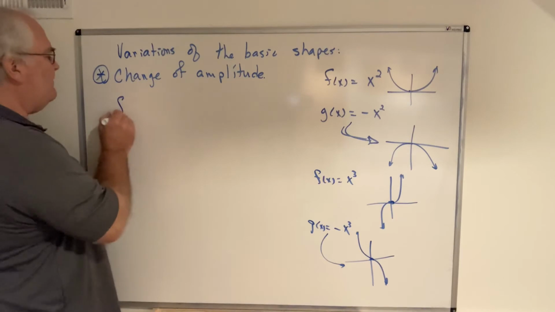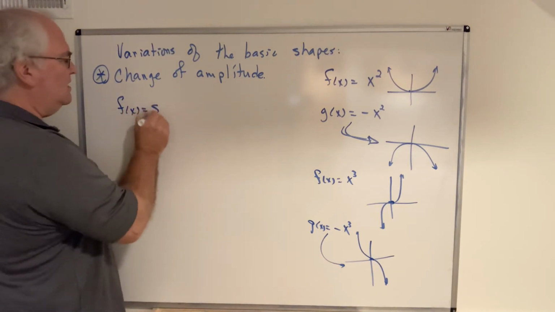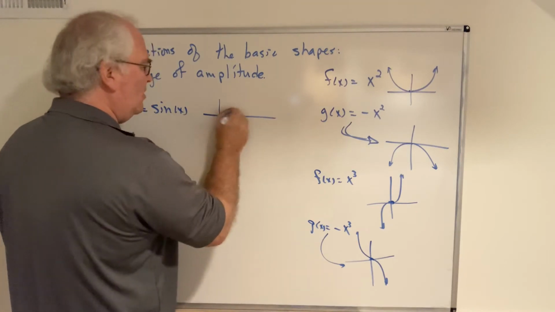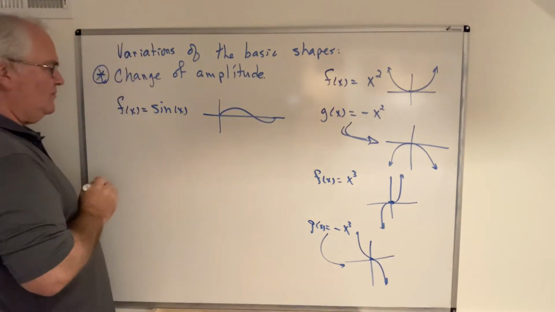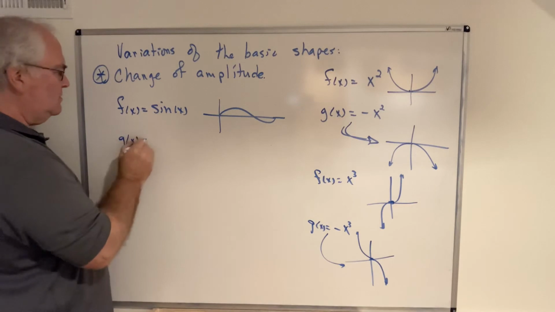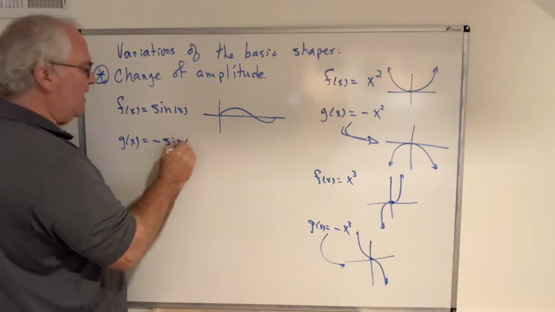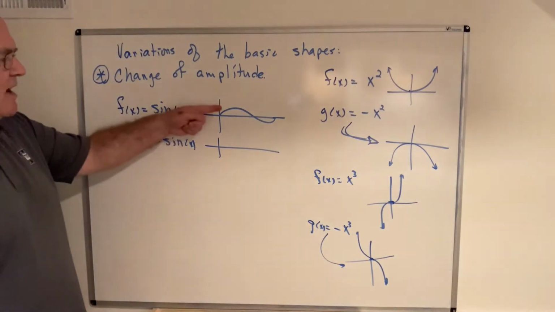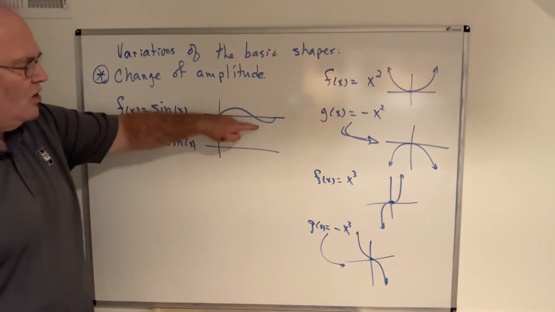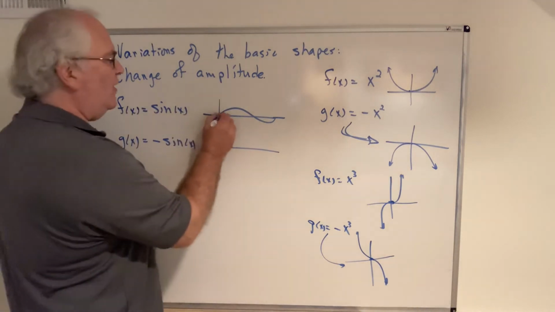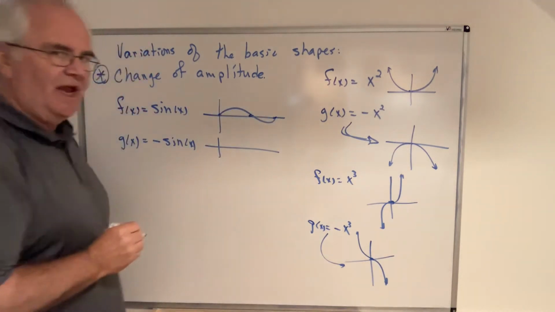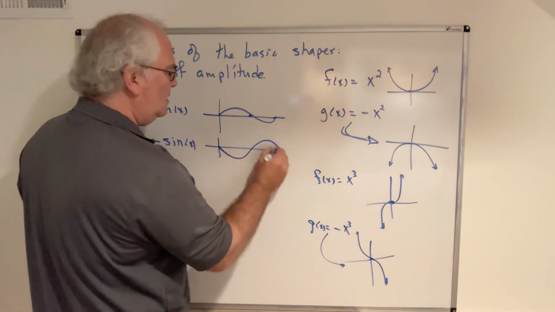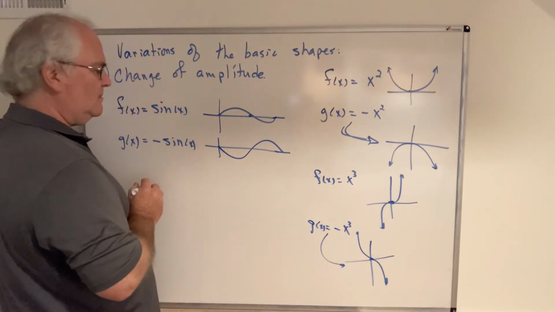If we know f of x is sine of x, and if we know the basic shape graph is this, then we should know negative sine of x has that same phenomenon. What was above the axis becomes below, what was below the axis becomes above, and points on the axis don't change. And so the basic picture would be something like this.